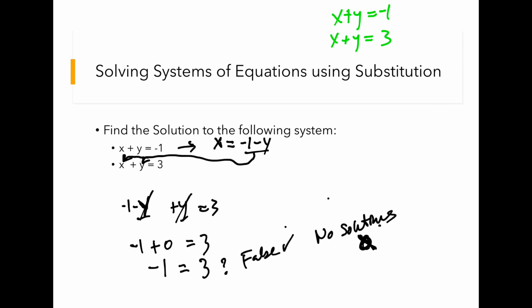It's a sum of two variables, x and y, which would represent the same numbers, but coming out to different sums. So there's no two numbers in existence that I could add together, get -1, and then turn around and add them together again and get 3, right? That's nonsensical. It doesn't work. And so therefore, we can see that there is not going to be a solution here.